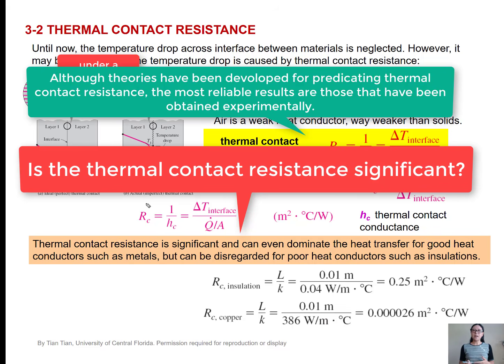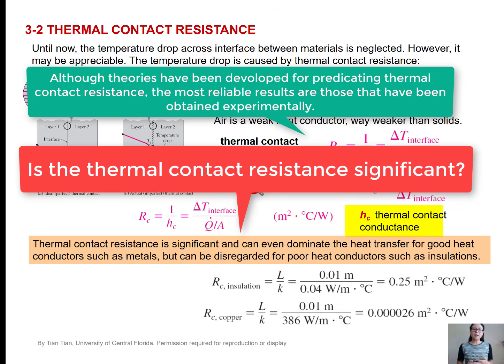Even though we have developed theories for predicting the values of contact resistance, the most reliable results are still those that we obtained from experiments. Here, this quantity hc, which corresponds to the convection heat transfer coefficient, is called the thermal contact conductance.